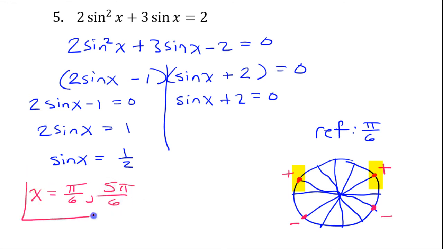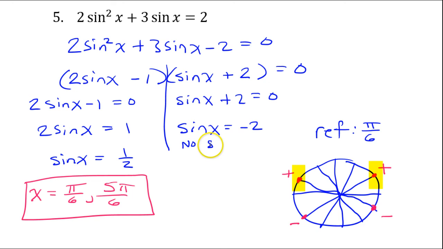So I have 2 solutions so far. Now, what about the other equation? Subtracting 2 from both sides, I have sine x is equal to negative 2. Well, this is going to give us no solution. I'm not going to put a box around that or anything. If anything, I'm just going to put an x through it. Again, the sine function goes up and down like this.